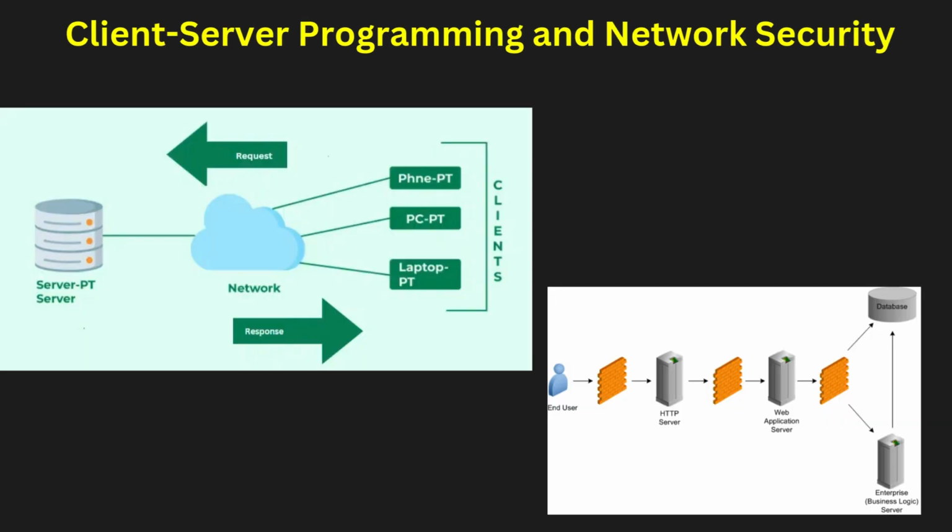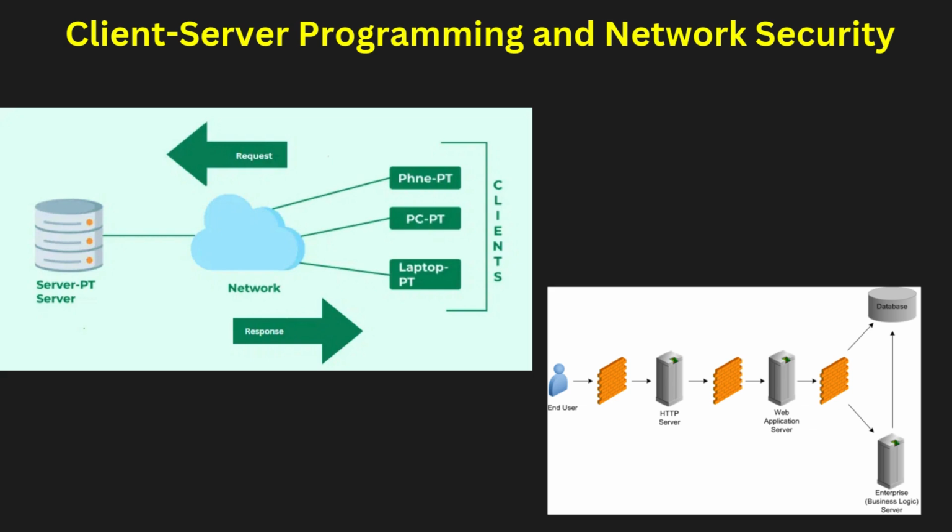Now, client server programming and network security. This chapter covers client server programming using Java sockets and RMI, enabling communication between distributed systems. It also explores network security, addressing threats like viruses, spoofing, and denial of service attacks. We already know about cybersecurity.